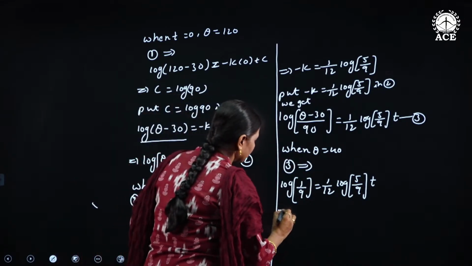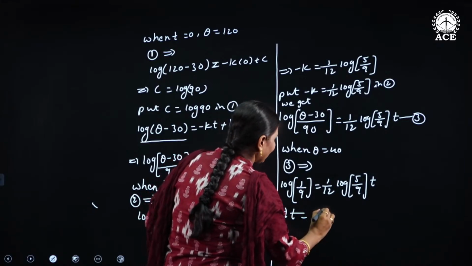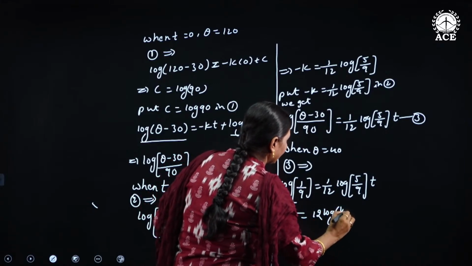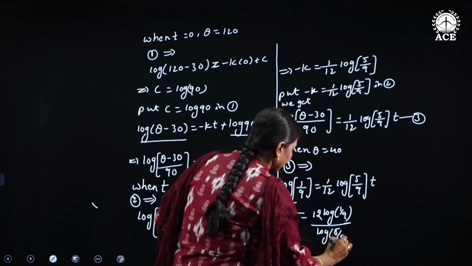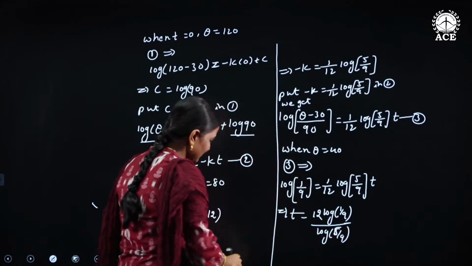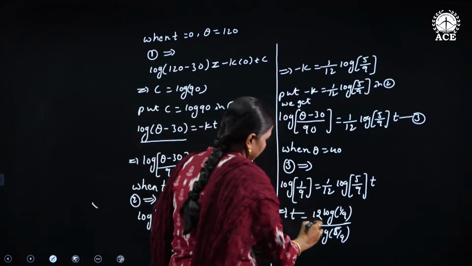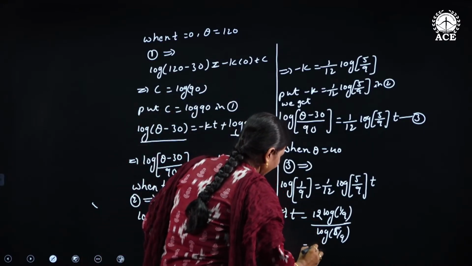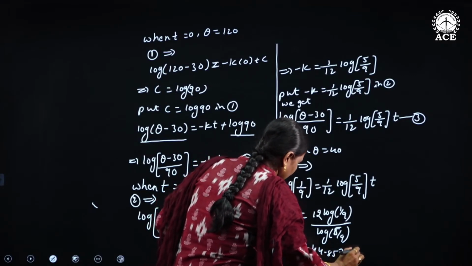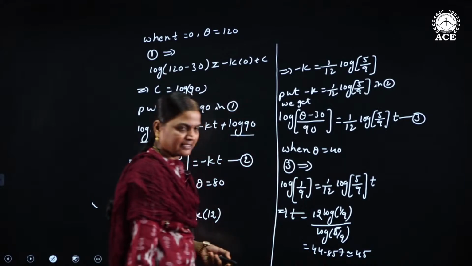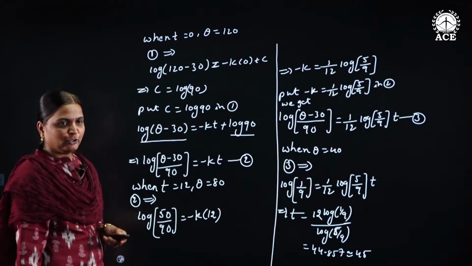That is t is equal to, by cross multiplication, 12 into log of 1 by 9 divided by log of 5 by 9. If we simplify this, we get the solution. So what is that solution? Approximately 44.857, so approximately 45 minutes. That is the required time t. This is the solution.